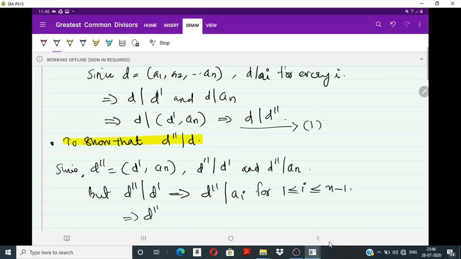That means D double dash divides A1, D double dash divides A2, etc., D double dash divides AN minus 1.